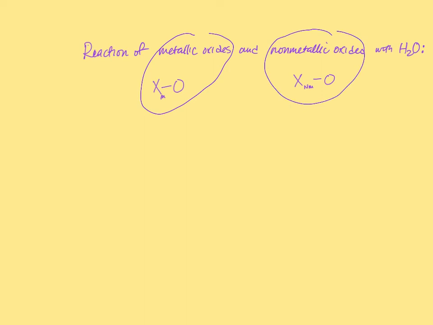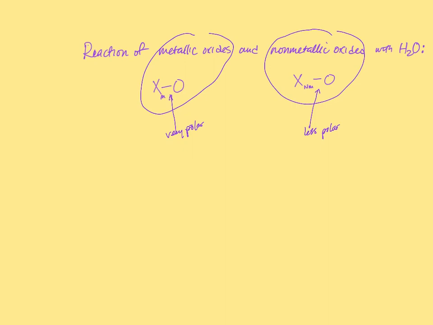Because metallic oxides here have a very polar bond between the X, or the metal, and the oxygen, it causes that bond to be likely to break when the metallic oxide connects with water molecules to create a new compound. In the case of non-metallic oxides, this bond is less polar, and so the bond is stronger and remains.